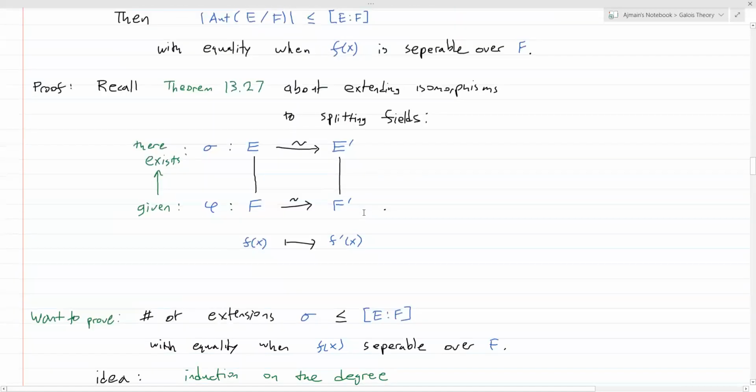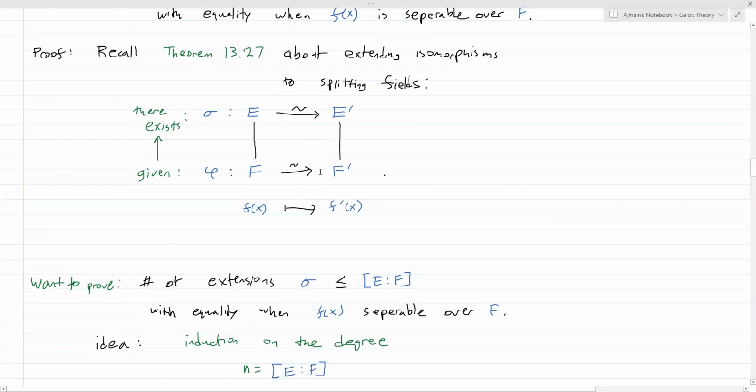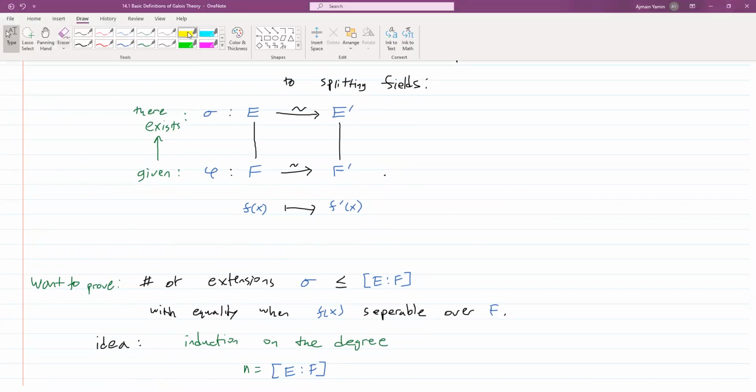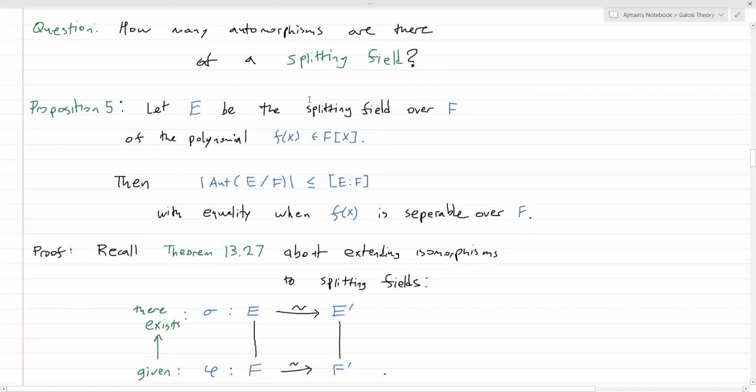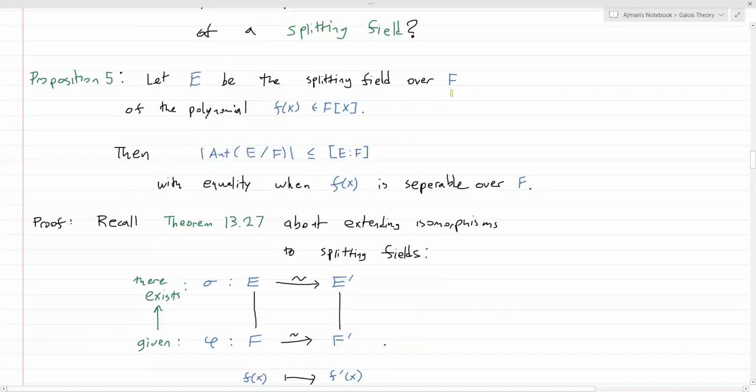So how do we prove this? Well, we're going to work in a little bit more general setting where instead of looking at automorphisms, we're looking at isomorphic fields. Where instead of extending the identity element of F, so this is the identity automorphism of F, we're going to give a specific isomorphism between F and another field and extend this.